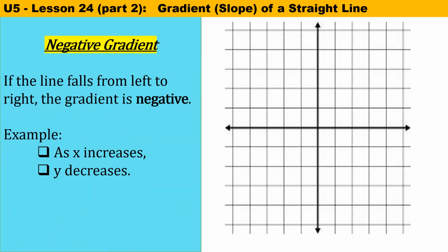For our negative gradient, if the line falls from left to right, then your gradient is going to be negative.